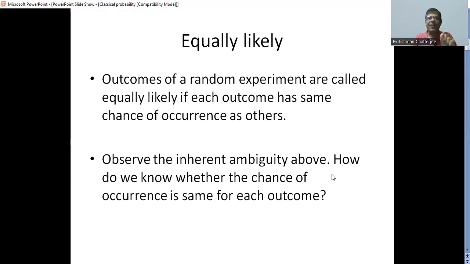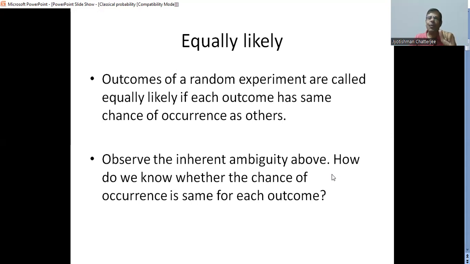Now, observe a little problematic thing in this definition. Here, while describing things about chance, we are again using the word chance, that is some kind of ambiguity, isn't it? So, in other words, in order to define equally likely, we are using the term same chance of occurrence.